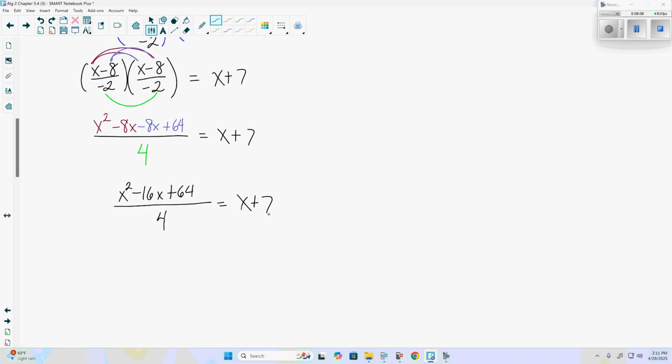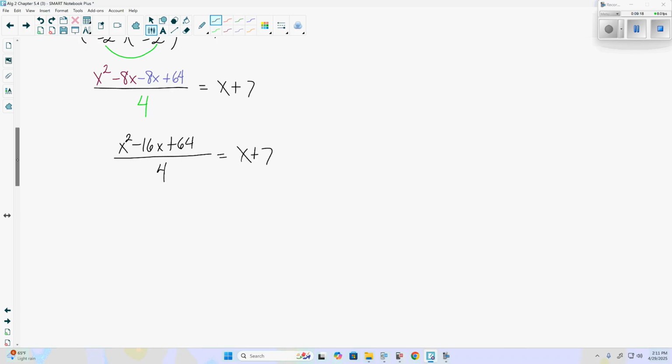Combine like terms, negative 8x and negative 8x would give us negative 16x. Questions on how we got to this point here?